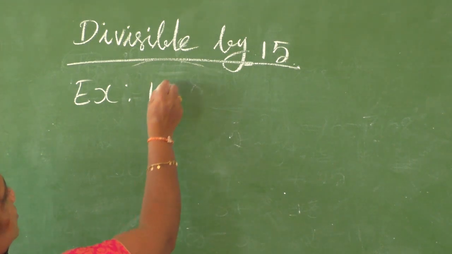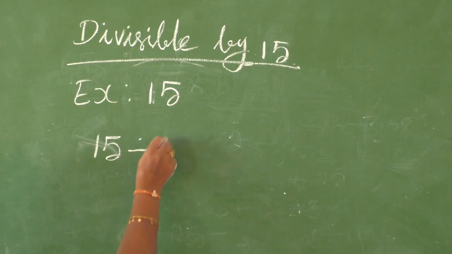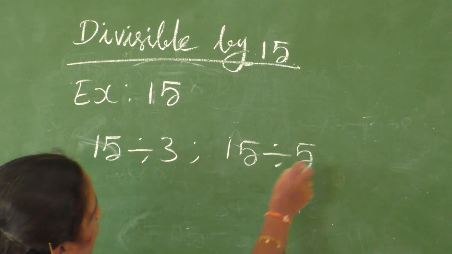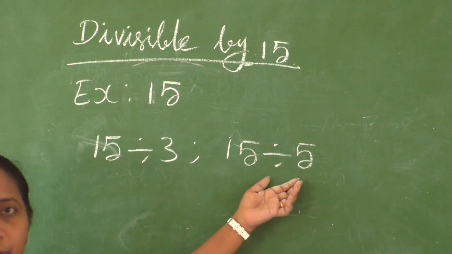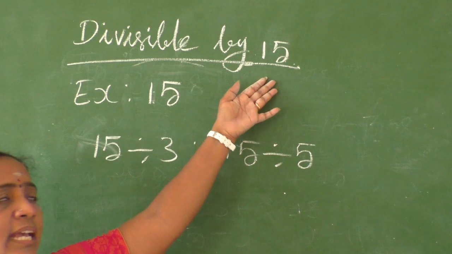For example, I am taking 15 now. 15 divided by 3, 3 fives are 15. 15 divided by 5. So this 15 is divisible by 3 and 5 also, then this 15 is definitely divisible by 15 also.